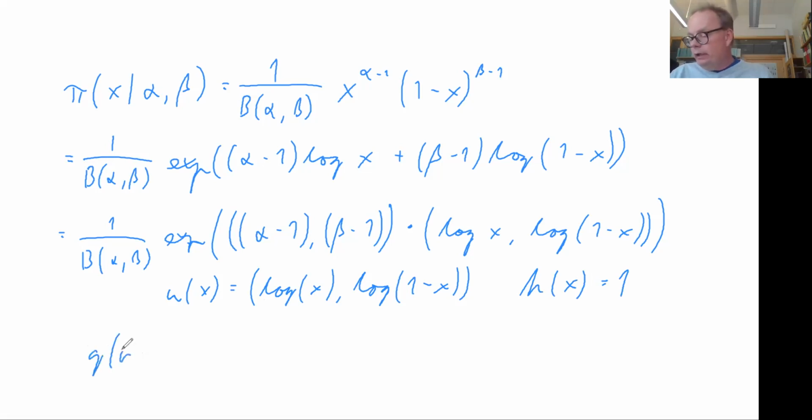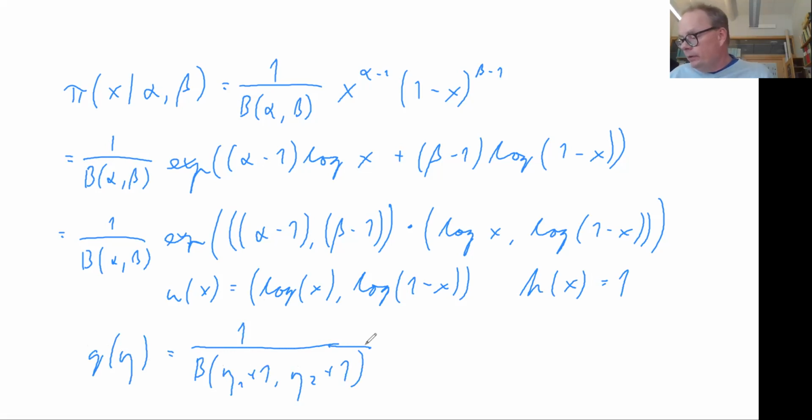So g of eta is then equal to 1 over B(eta 1 plus 1, eta 2 plus 1). Because this is the function, and then we have the relationship between eta, basically eta is equal to alpha minus 1, beta minus 1. Okay, so it's just a rewriting, and you can do this with more or less effort with the other densities that I mentioned in the list.